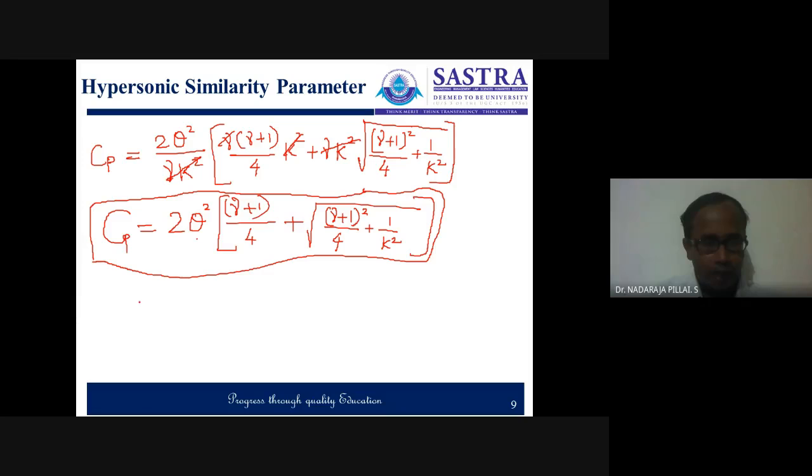Now, if I write Cp by theta square, then it becomes a function of gamma and k, right? With the condition that the Mach number is very much greater than 1 and for a small flow deflection angle.